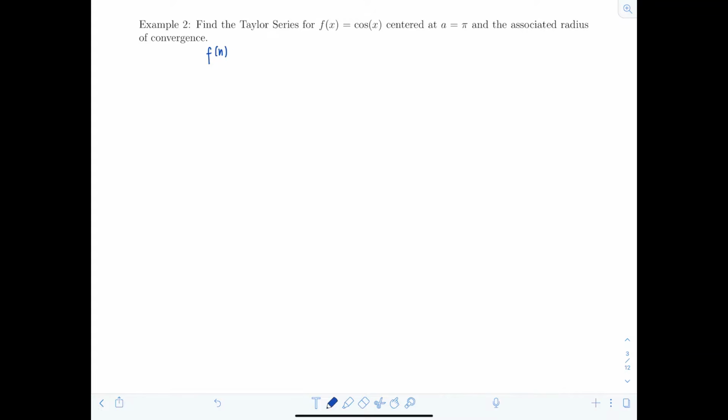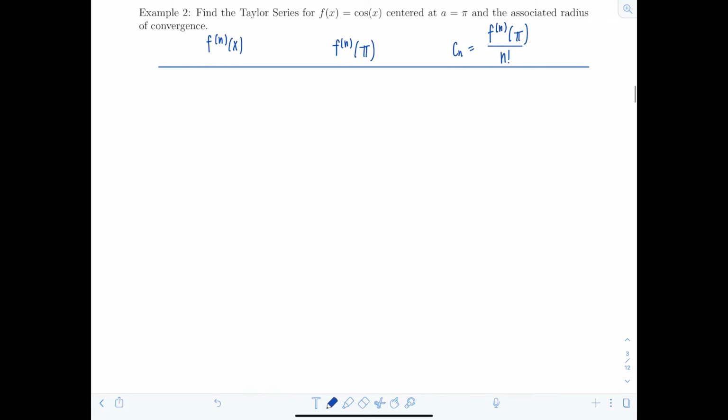We're going to have the nth derivative of our function, the nth derivative evaluated at pi, and then the coefficient. So we'll have the nth derivative at pi, remember, divided by n factorial. And just do enough until you see a pattern. So sometimes it'll take more derivatives for certain functions than others, depending.